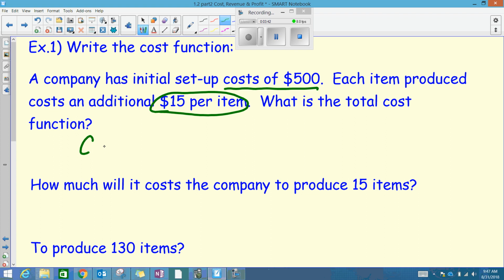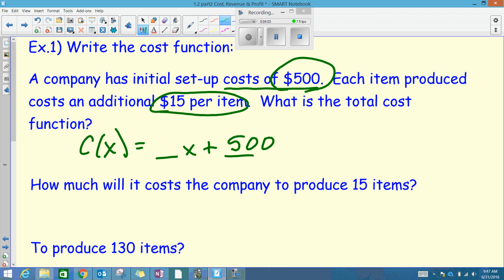So again, we're going to be writing a cost function using mx plus b, right? The initial setup cost of $500, that is just no matter what, it costs them $500 to set up. So that is going to be our fixed cost. So that's our b.